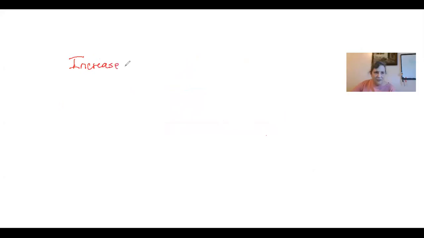Let's take a look at increase, decrease, and constant intervals of a graph. This is actually asking us what the y value is doing as the x values go from left to right.